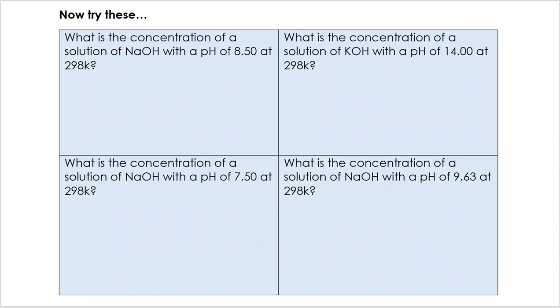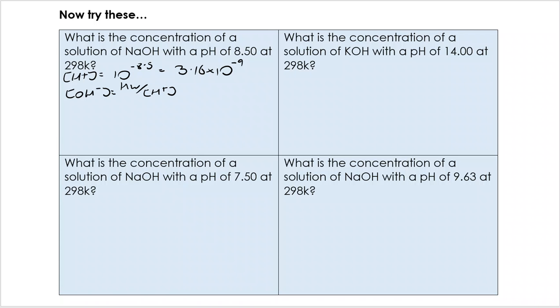So, we've got 4 examples here. What's the concentration of a solution of NaOH with a pH of 8.5 at 298 K? Well, I want my H+, which is 10 to the negative 8.5. So my H+ concentration is 3.16 by 10 to the minus 9.